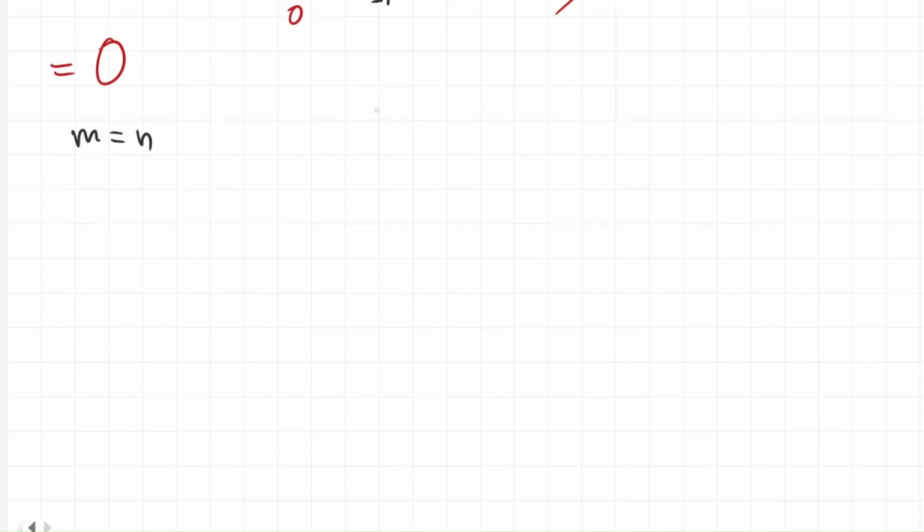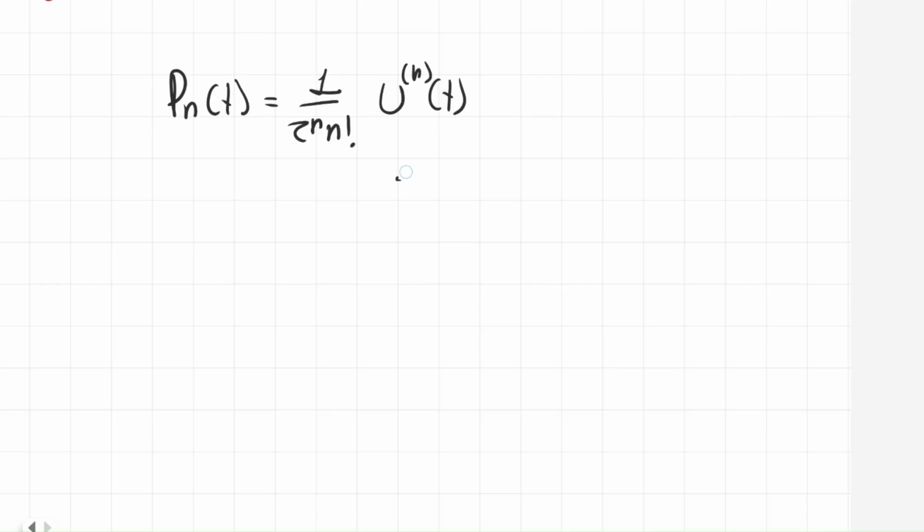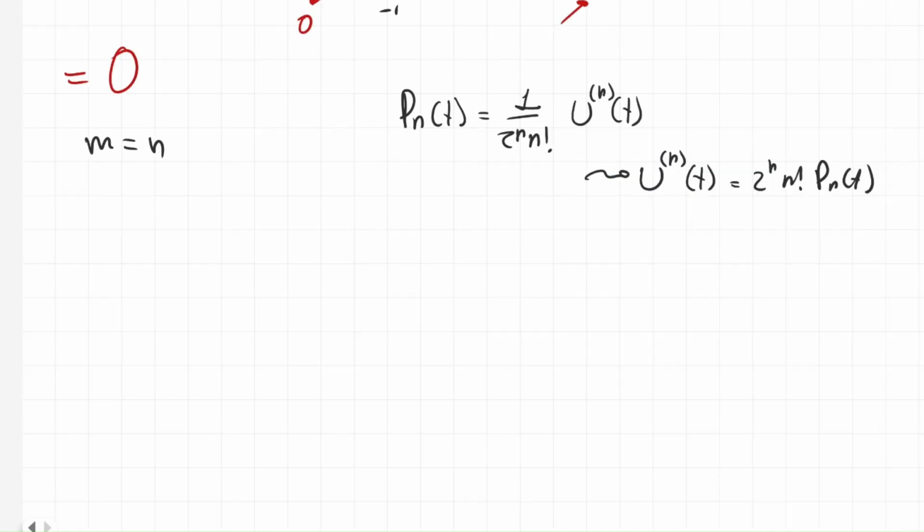Well, we are going to remember that p sub n of t is equal to 1 divided by 2 to the n factorial, and then the n derivative of u, right? So from here we can say that u n of t is equal to 2 to the n factorial p sub n of t.